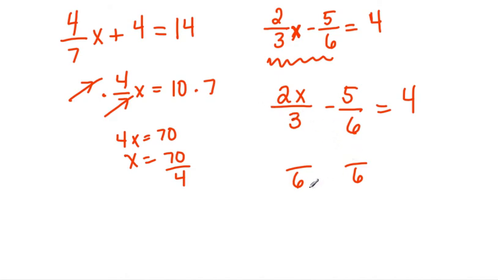Because 3 to 6, I would multiply by what? 2. So I multiply so I would get that, and then I didn't do anything to this. Have I changed the problem? I've changed it visually, but not quantity wise. Because 2/3 is equivalent to 4/6.